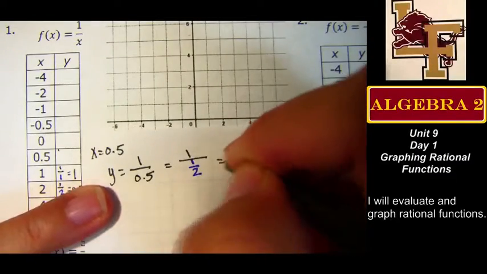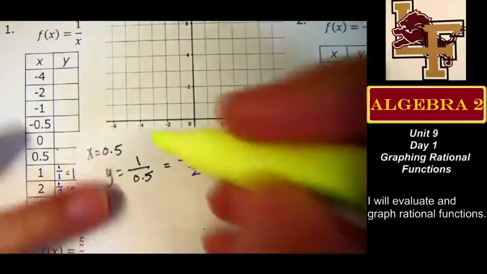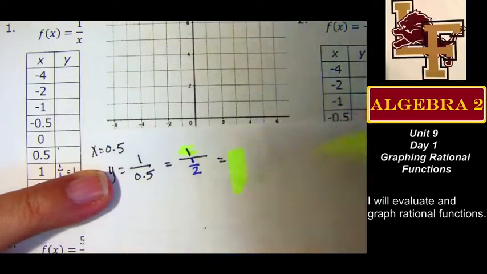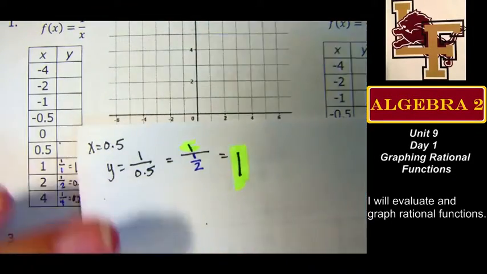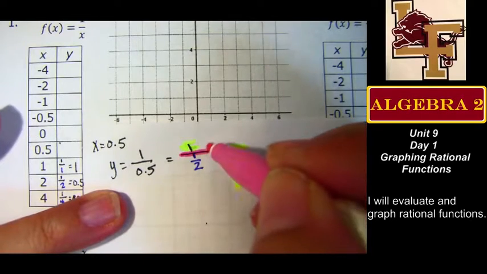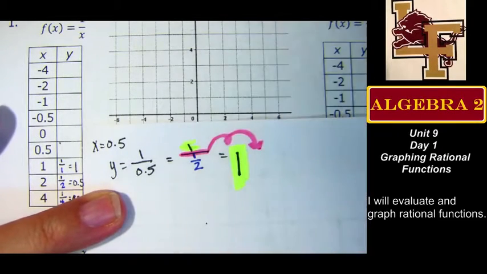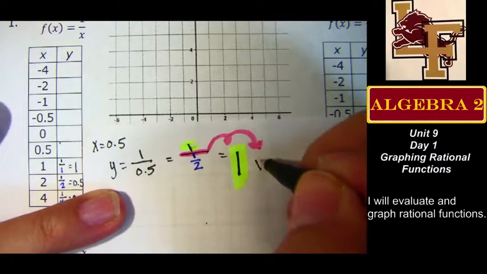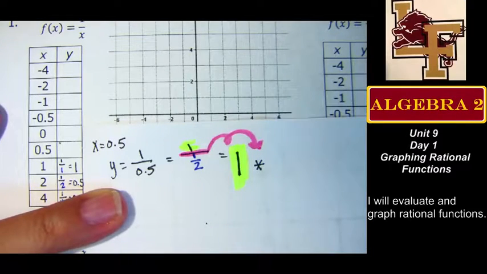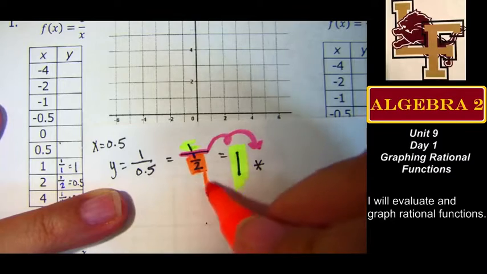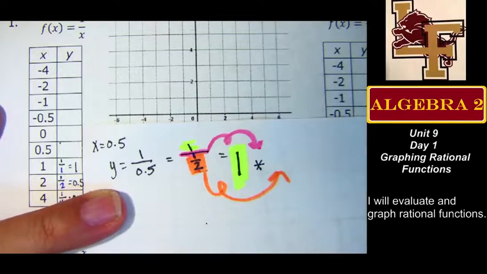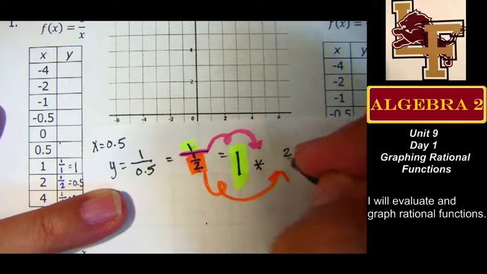Here's what I need you to do for these. Take the top value and write it right here by itself. Change this division into a multiplication. And then take this fraction in the bottom and write it as its reciprocal.